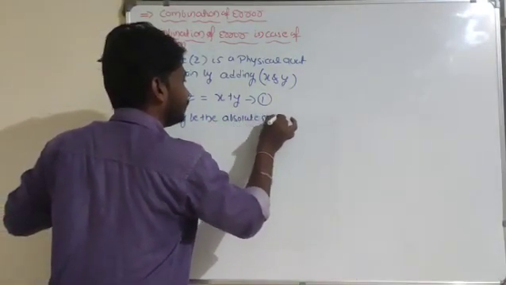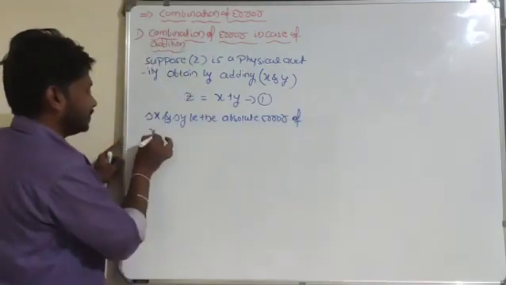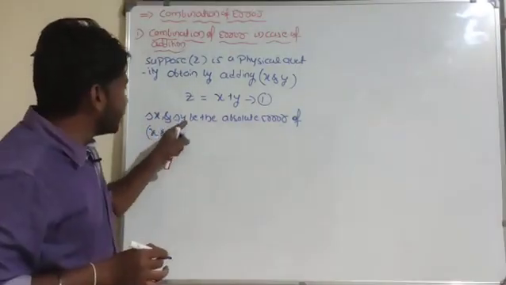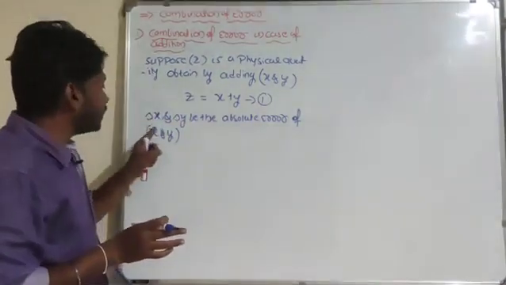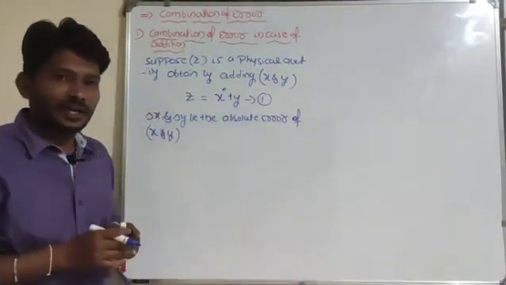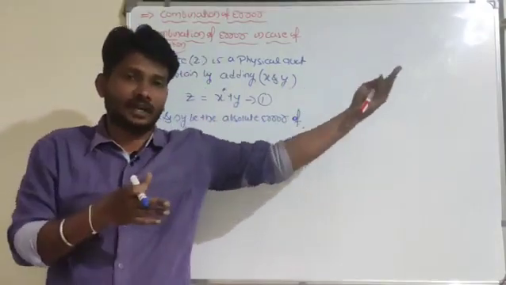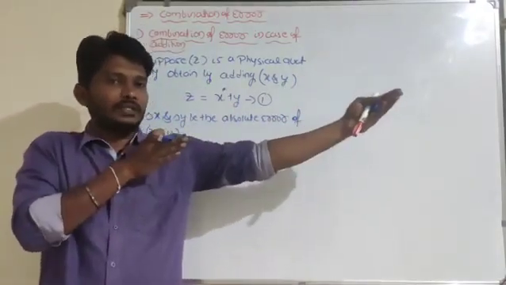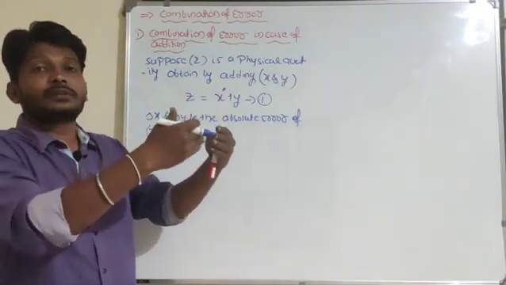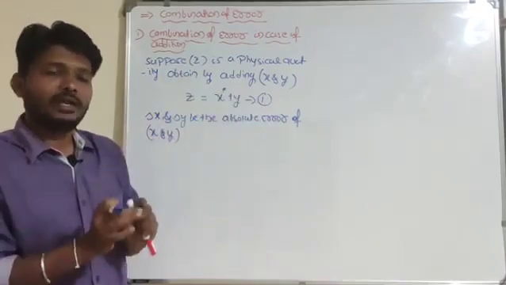For example, to consider the physical quantity X, you make a number of trials: X1, X2, X3 up to Xn. First you find the mean value: X1 plus X2 plus X3 and so on, divided by n. Then you get the mean or average value.